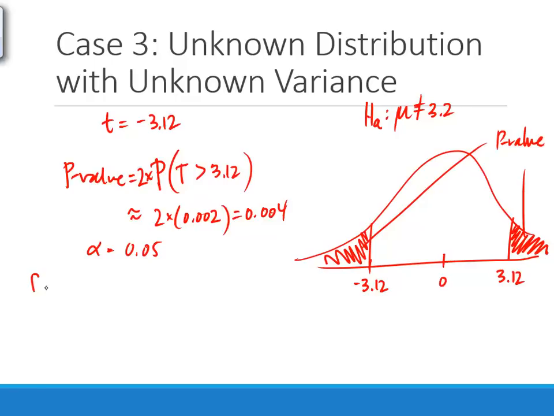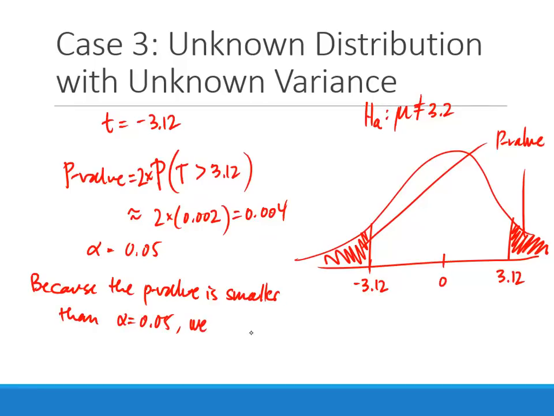So because the p-value is smaller than alpha specifically, in that case we're going to reject the null hypothesis. And so what does that mean here?